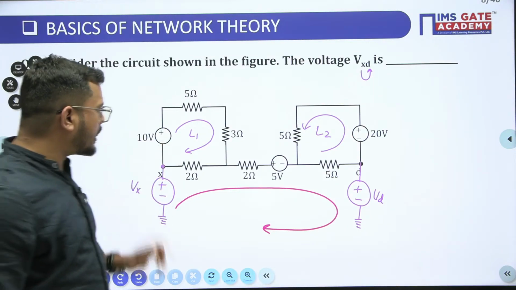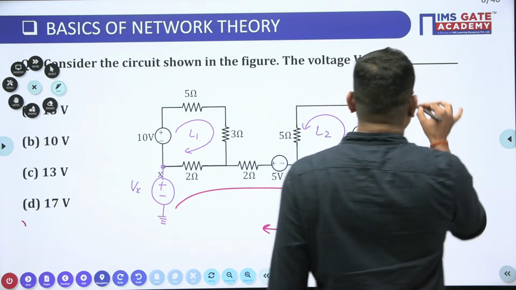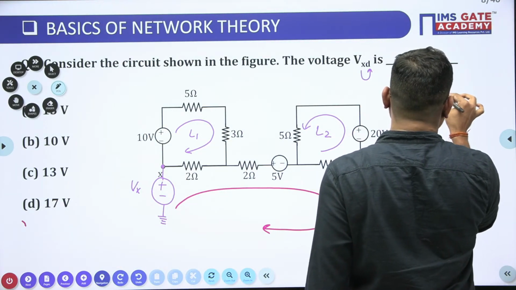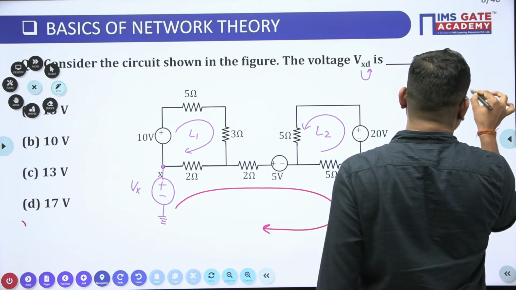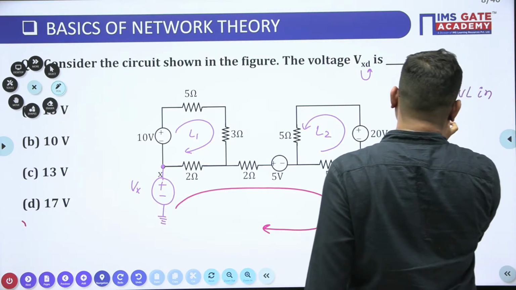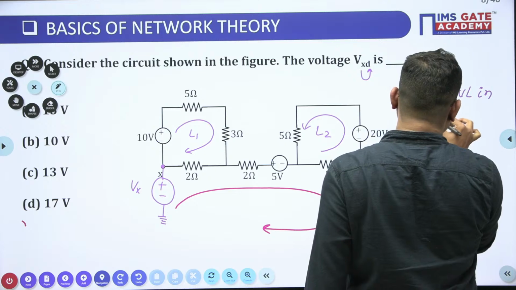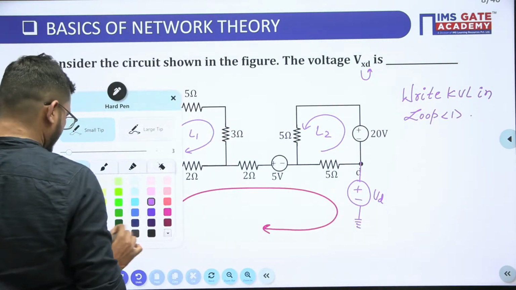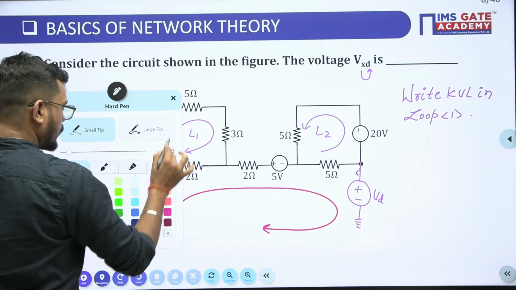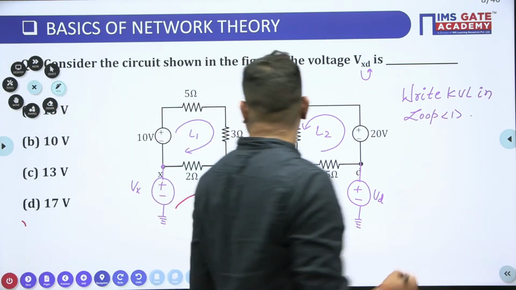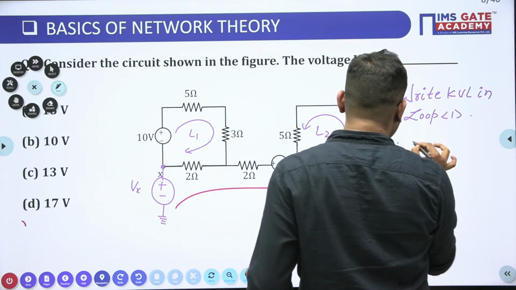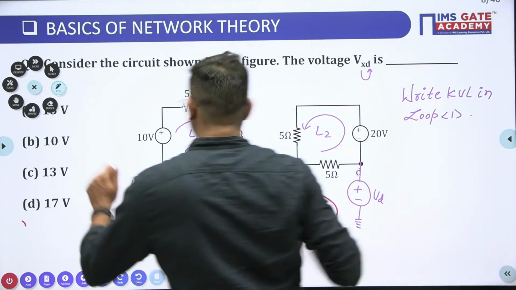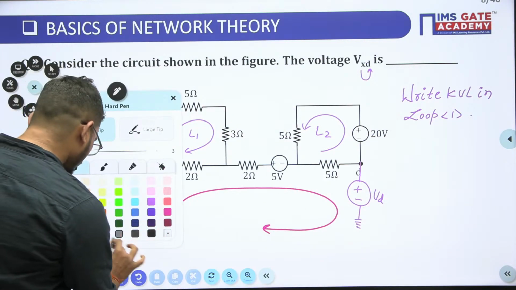So here I am writing KVL in loop 1. For loop 1 this is minus of 10.